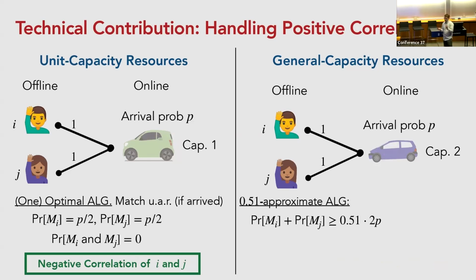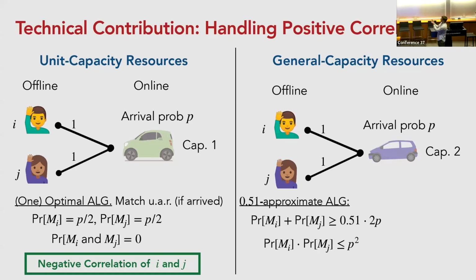What you need is that the sum of these individual probabilities should be at least 0.51 times the opt of 2p. But observe, each of the individual marginals is at most p. Now the point is, the probability you can match either I or J is at most p, because that's the chance this car arrives with.